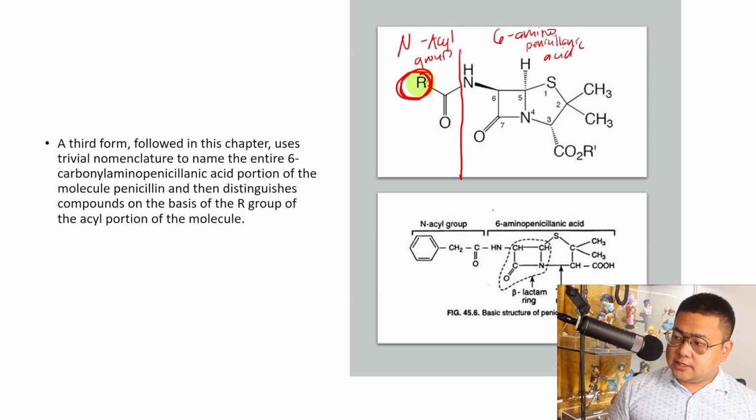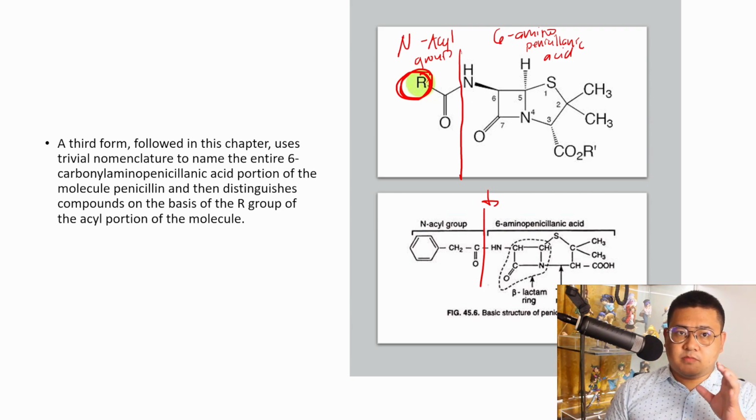It is similar to the figure on the bottom, in which it is divided into the 6-aminopenicillinic acid and the N-acyl group. This is what we will be using throughout our lecture. Please do take note that R is usually the one being substituted, or the other part of the structure.